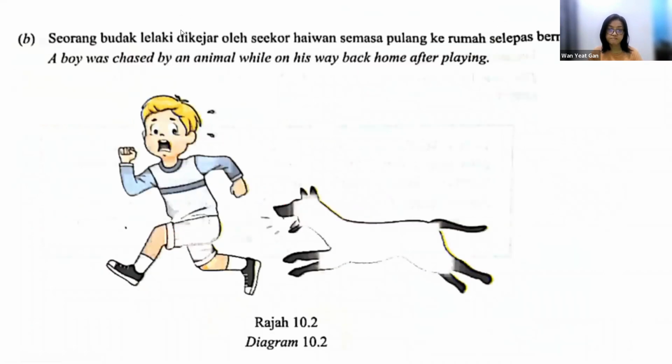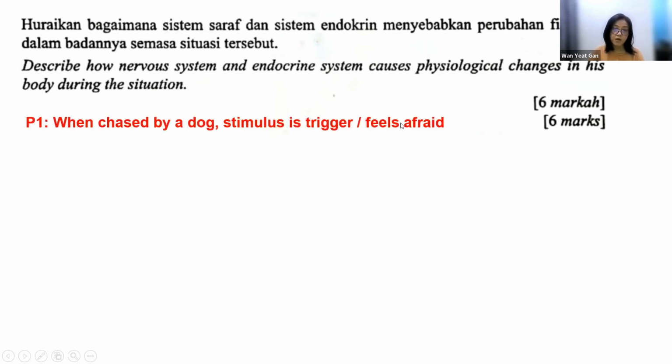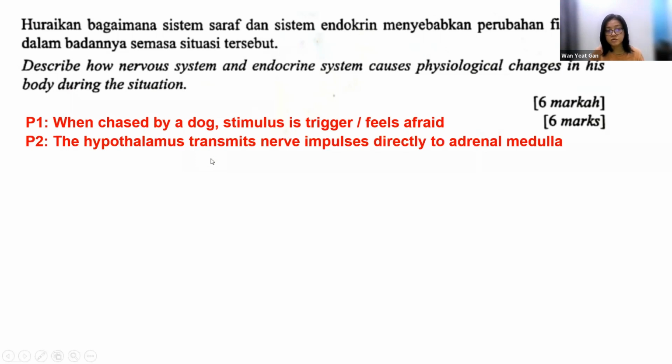Okay, next. A boy was chased by an animal while on his way back after playing. Describe how the nervous system and endocrine system cause physiological changes in his body during the situation. When he's chased by a dog, the stimulus will be sent to the hypothalamus.